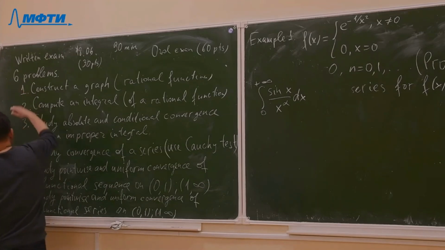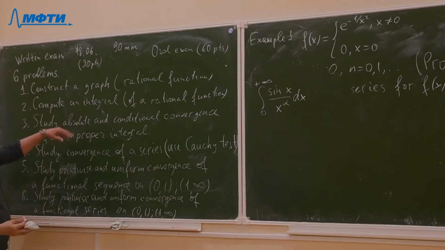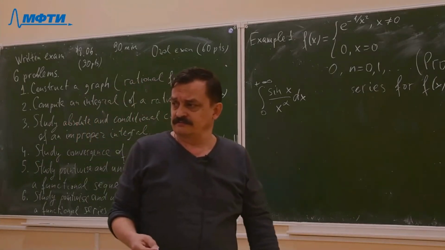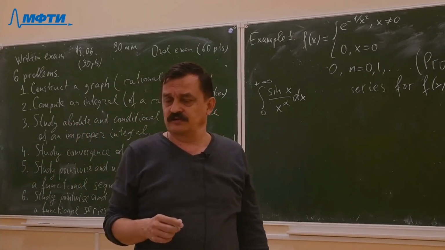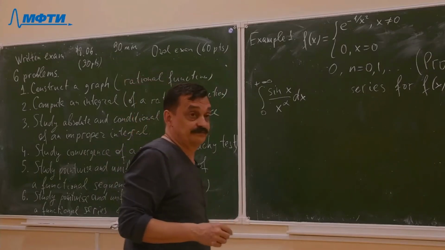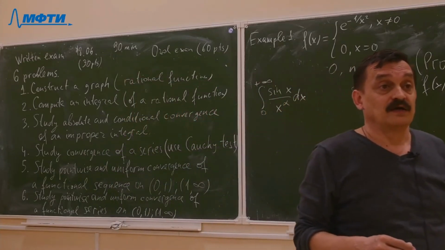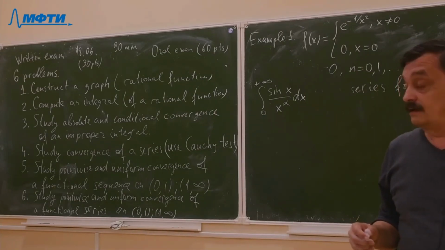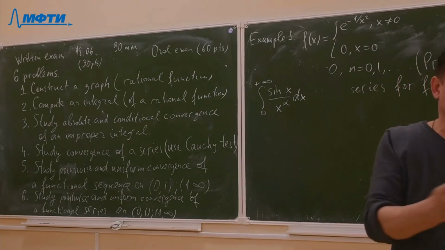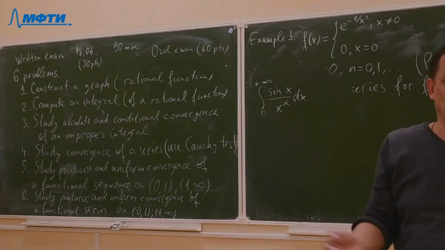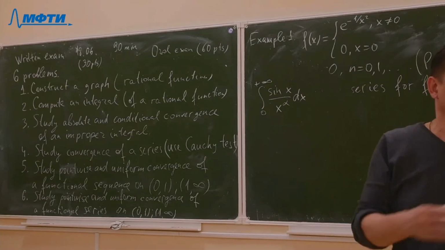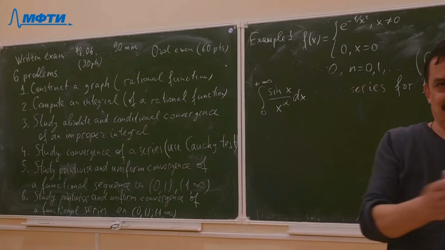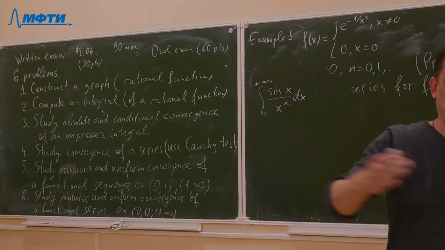I plan to make a scale. So the price for each question will be decided so that the sum will be greater than 30. And then, yeah, the written exam will be online. I said distant. Online, yeah. So then I plan to collect your results, and then to translate the sum.